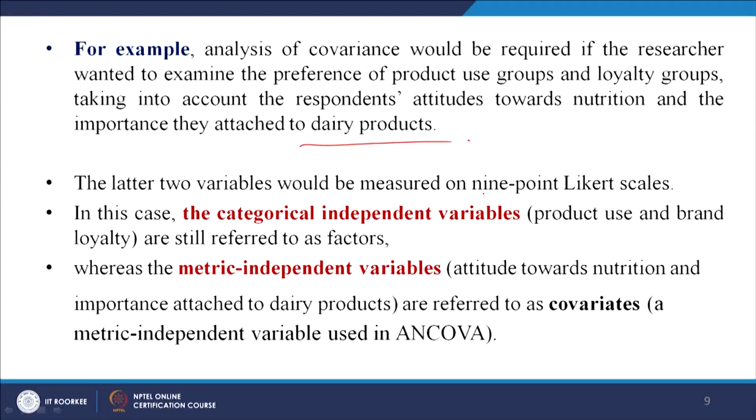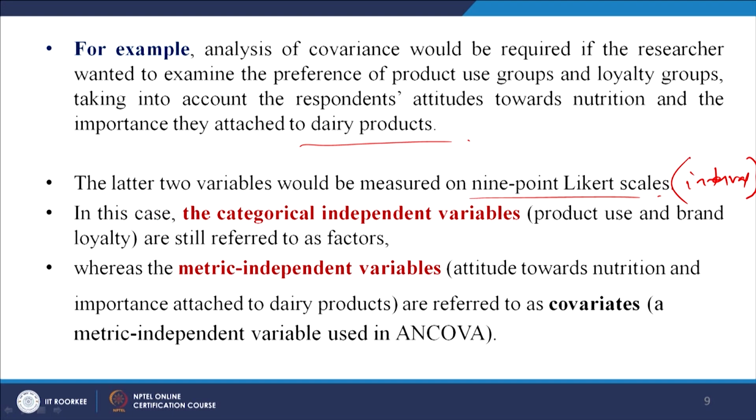This may be measured on a continuous scale, maybe an interval scale from 1 to 9, but it is a metric scale. The latter two variables would be measured on a 9-point Likert scale. Please remember, the Likert scale is an interval scale.